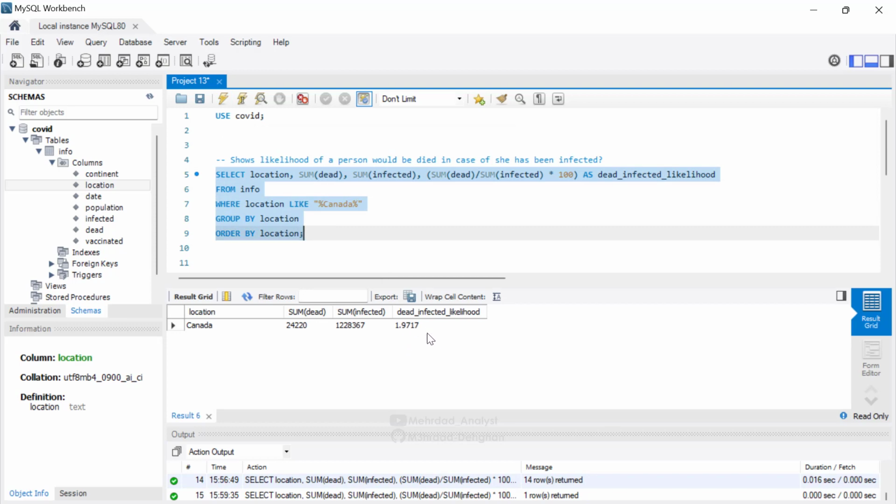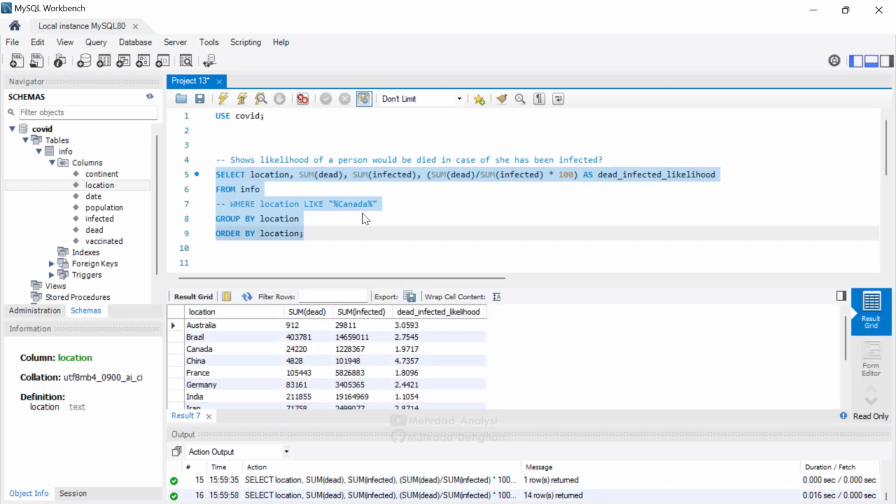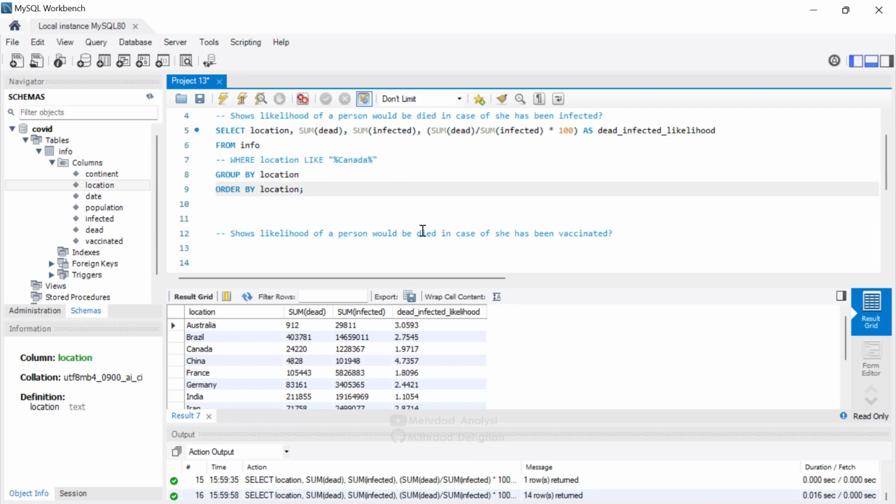Yeah, the rate for Canada is less, and for every 100 people that are infected by COVID-19, just around 2 people died. So it is just the data about how we can see the probability of being dead based on being infected by COVID-19. Now let's see the next question.